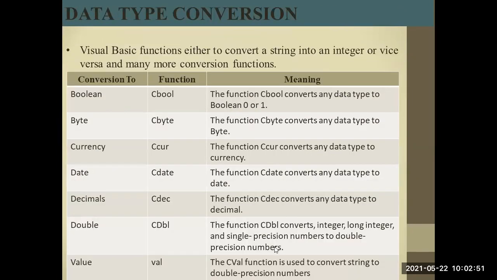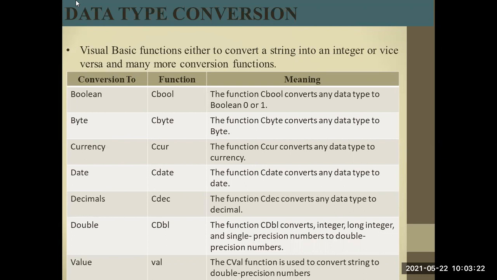Yes, next is something about data conversions. In visual programming, we have some basic functions that either convert a string into an integer or an integer into a string. Many times we need a data type conversion in our visual programming code.